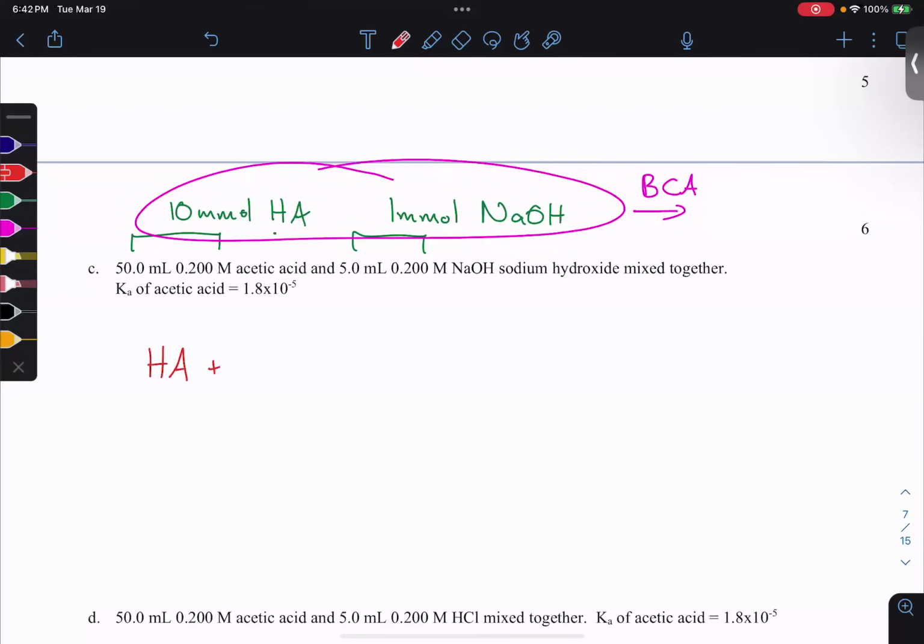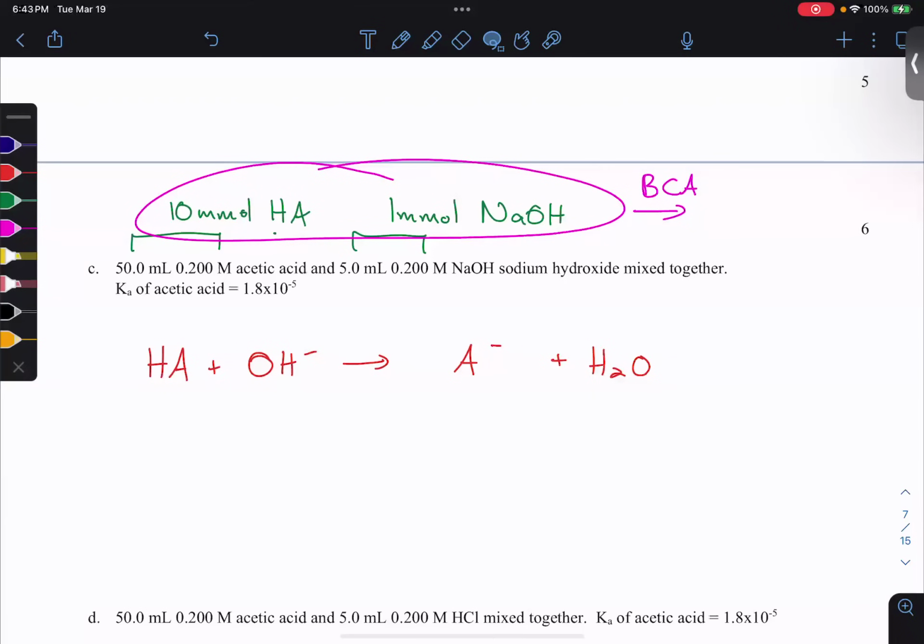When HA reacts with sodium hydroxide, you make sodium acetate, the conjugate base, and water. So let's just make this A-. This is your neutralization reaction. You combine an acid and a strong base, you make its conjugate base and water.